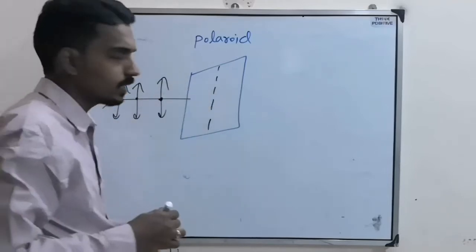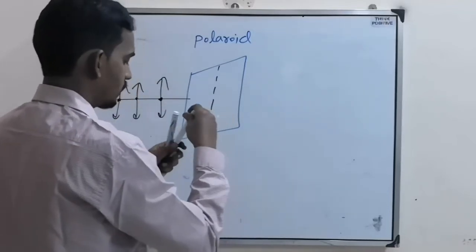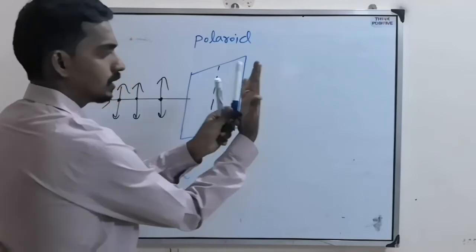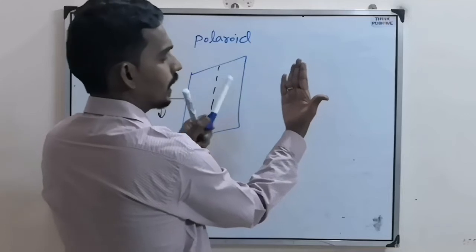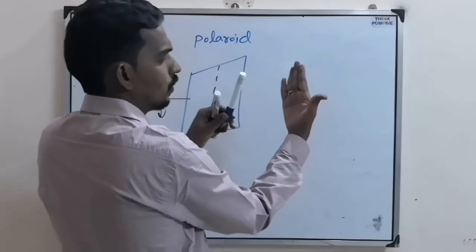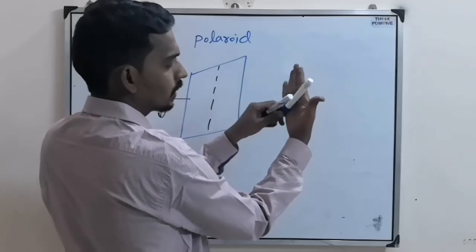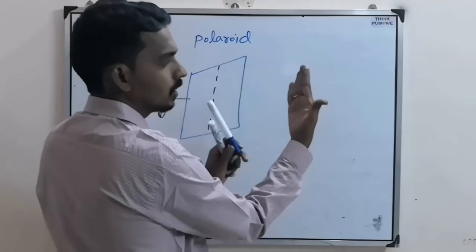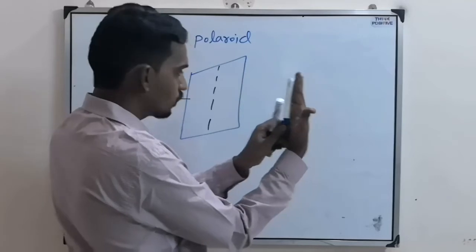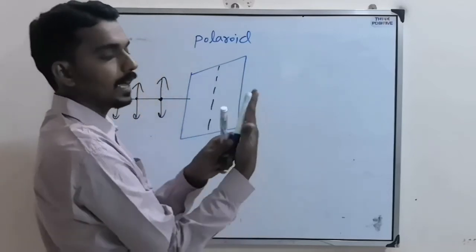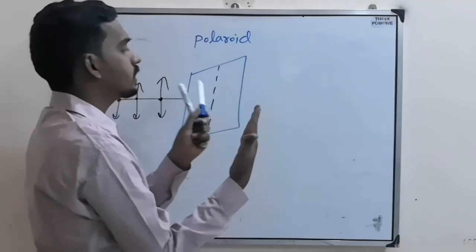Let's take the axis as the vertical one. Now the light is traveling, and the electric field component at one point may hit like this or like this. But the nature of a Polaroid is that it will allow only the component parallel to this axis, called the transmission axis. It can transmit only through this axis. That is its nature.